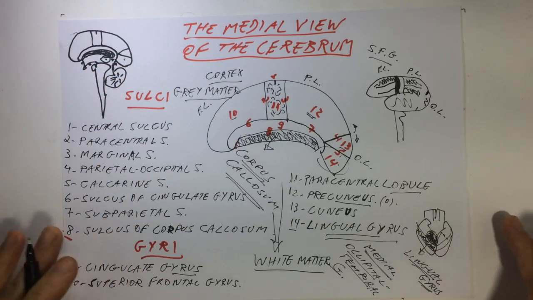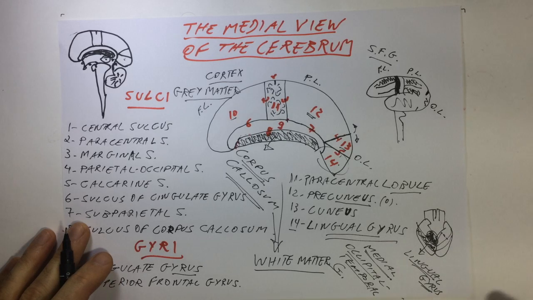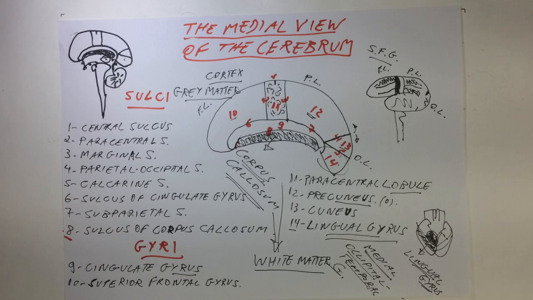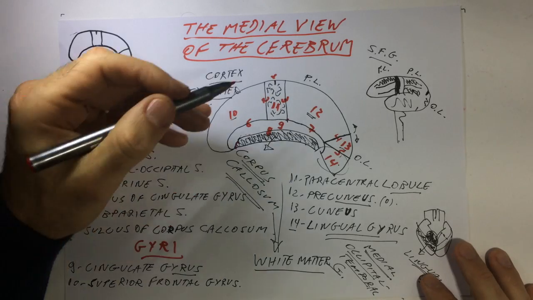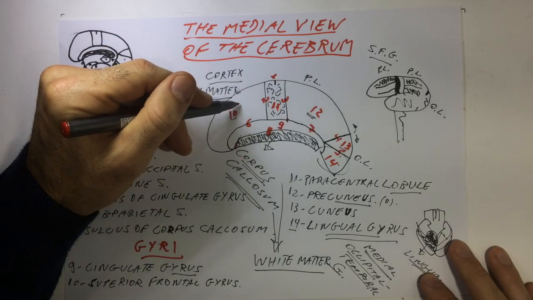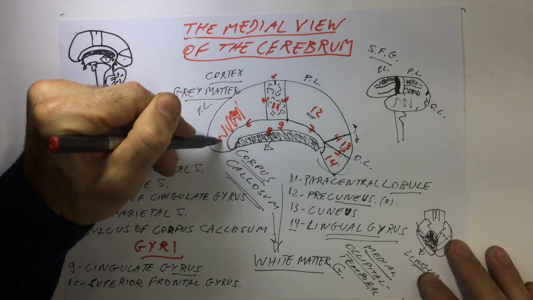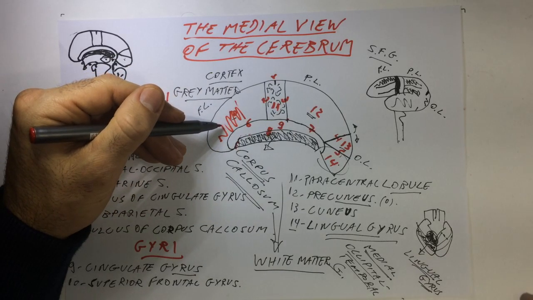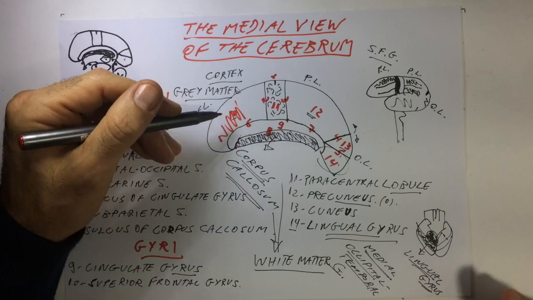Okay? So that's it. When it comes to some neuropsychological functions, we can highlight a couple of them here. First, this structure here is more related to reasoning, intelligence, executive functions.